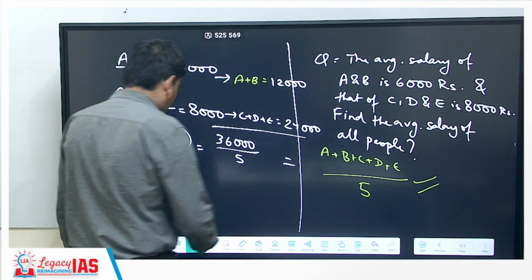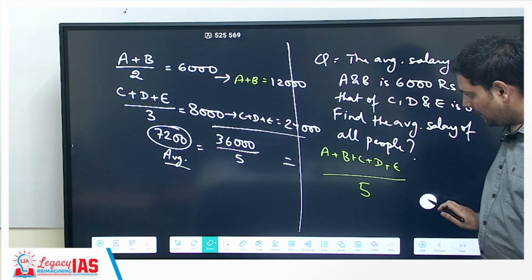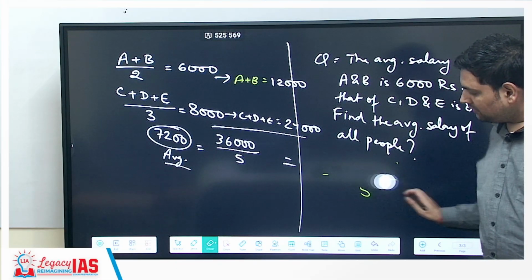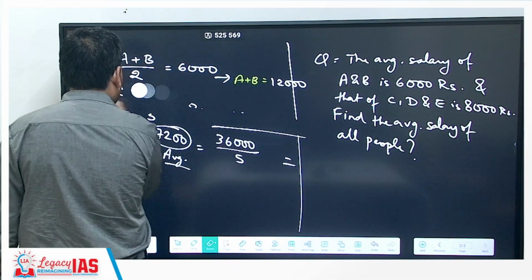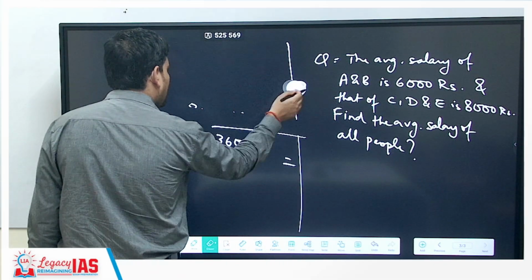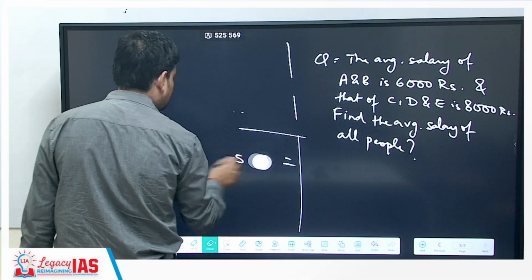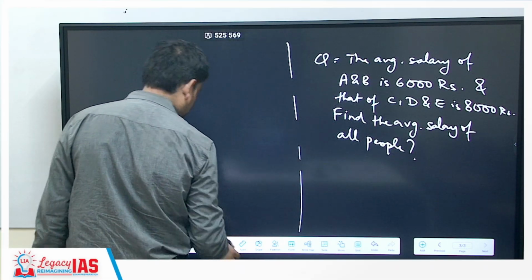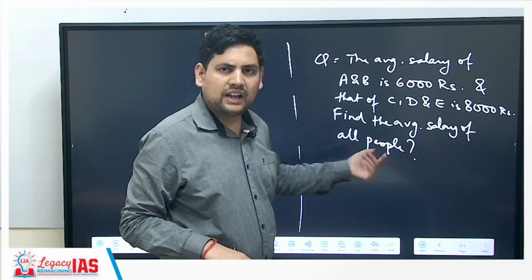But we won't be doing it like this. Now understand how we usually write it. Everything is exactly the same, just our way of writing changes. This increases our speed. See how you write. Whatever I want to find, I will just write it.